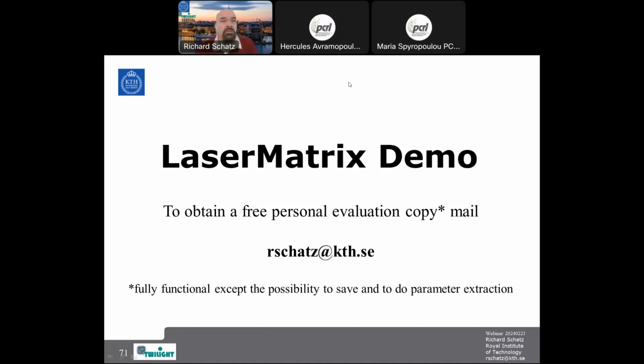The benefit is more the usability, the user interface of LaserMatrix. It's much easier to use for students and to quickly test. It's interactive in the design. Since it's quite fast, you can design and change parameters quickly. I will show it during the demo, and then you can compare it with VPI.